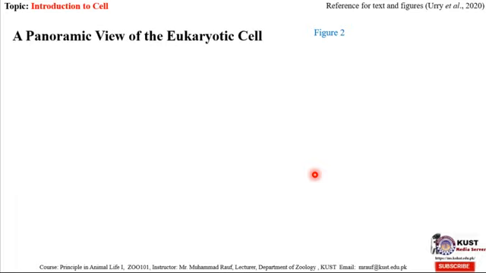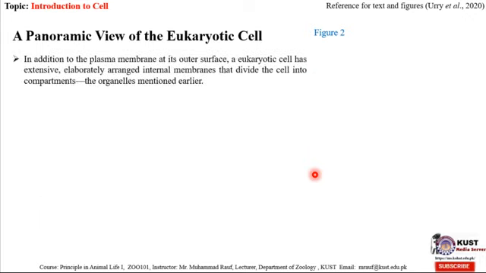Now, a panoramic view of the eukaryotic cell. Panoramic means a wide-ranging, broad view. So in addition to the plasma membrane at its outer surface, a eukaryotic cell has extensive, elaborately arranged internal membranes that divide the cell into compartments.